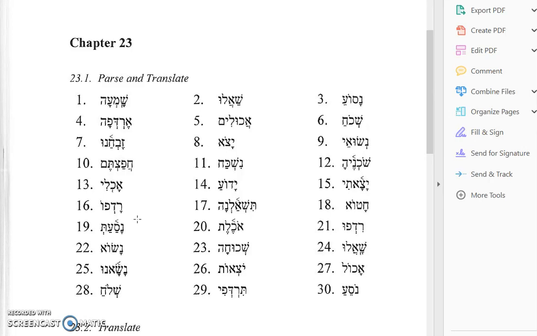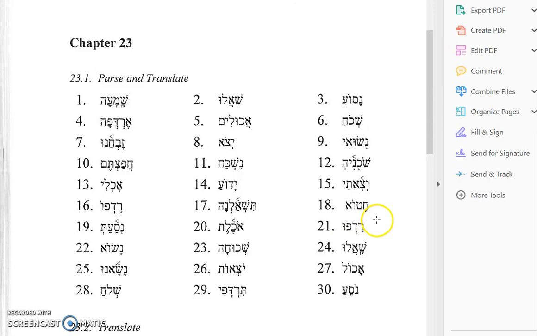His pursuing or his persecuting could be that he is doing the persecuting, or it could possibly mean someone persecuting him. And then you have tishalna, and that would be a Qal imperfect, either third feminine plural or second feminine plural. Hence, shaal means to ask. Either they women will ask or you women will ask.